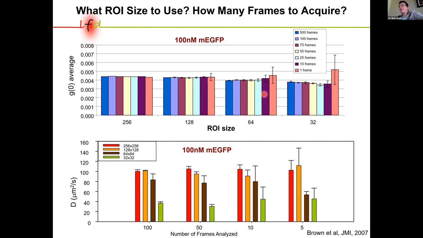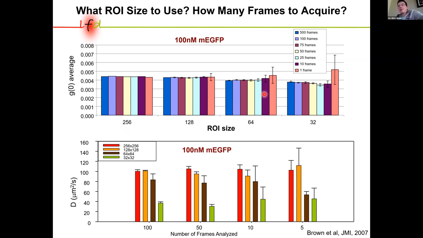Further reducing to 64 pixels, again the error increases, and then at 32 pixels, at one frame, the result becomes unreliable. But still, it's pretty much consistent. So the amplitude seems not to be too sensitive to these variations.